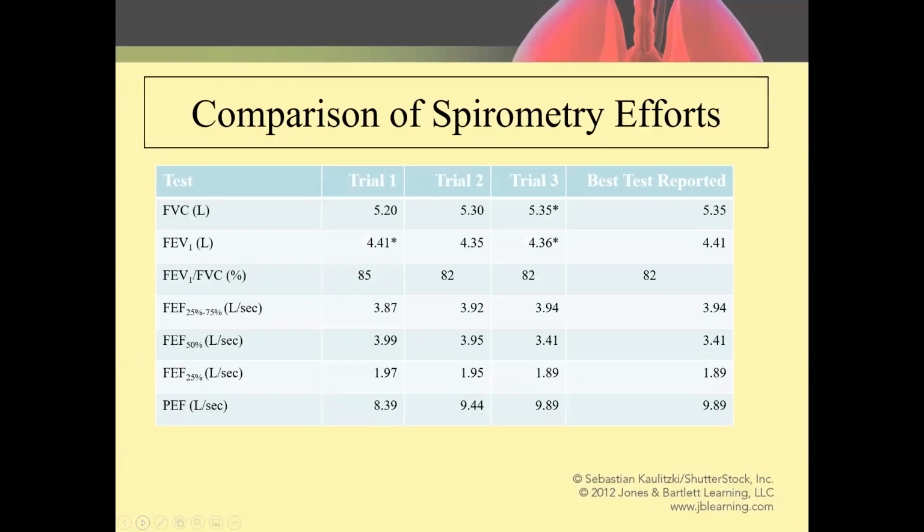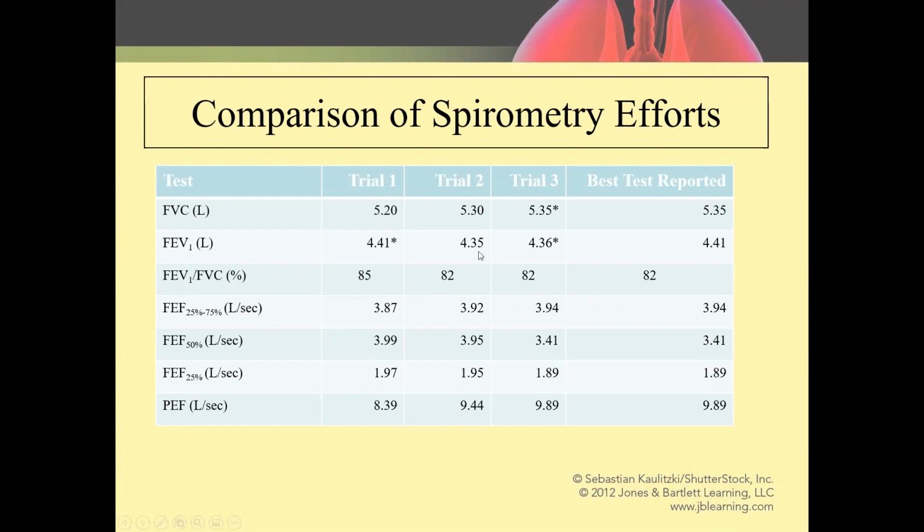Here is a comparison of some of the efforts. This is the sort of thing that you might see from a computer printout if you worked in a pulmonary function testing lab. You have the best of these. The FEV1, the third number down, and the forced vital capacity percentage are all kind of north of 80%, slightly better than predicted, with the flow slightly higher.